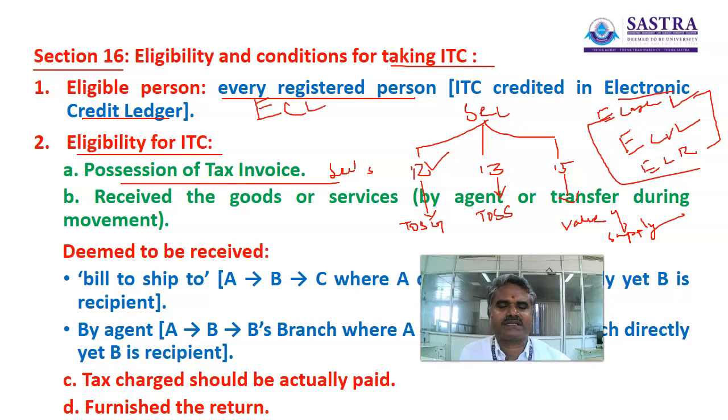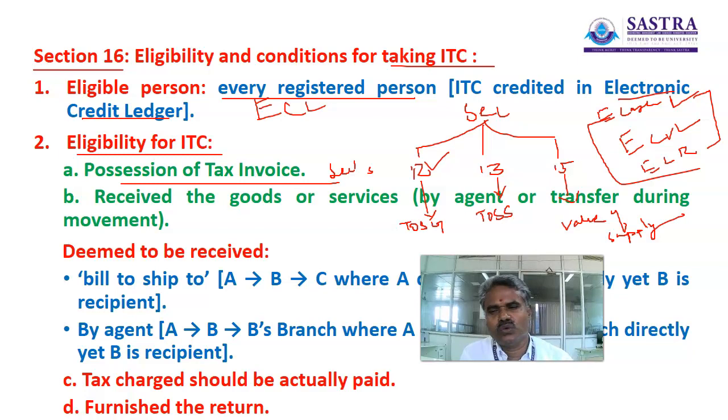Possession of tax invoice. You say I have an inward supply, I have an outward supply. Immediately they will ask one question: where is the invoice?